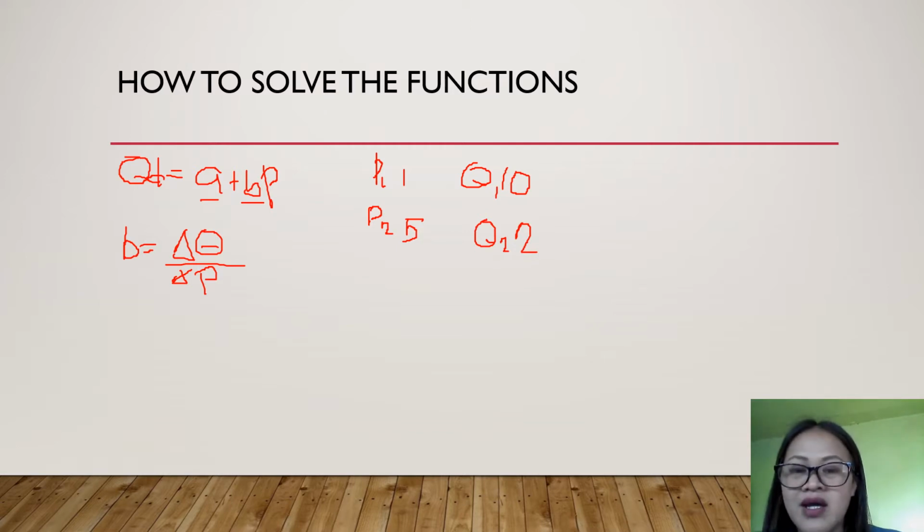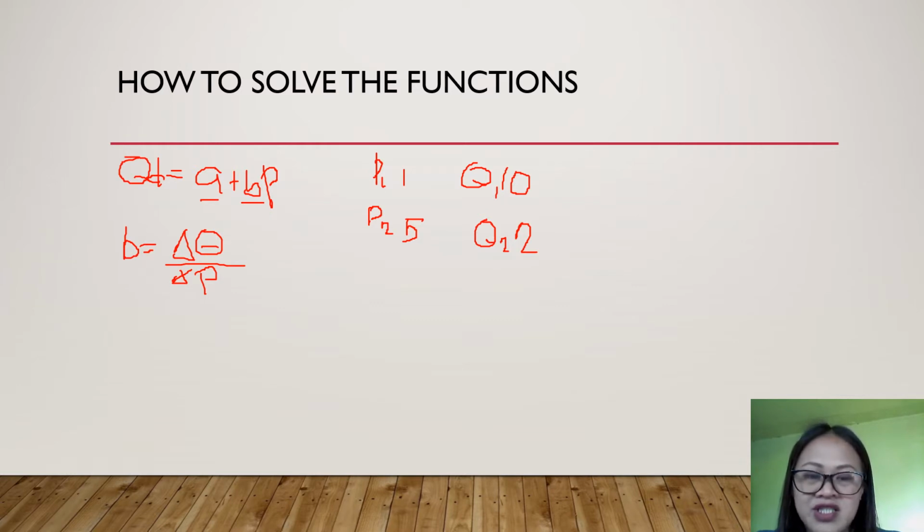Hindi kasi pwede na si price 1 ay maging 5, si price 2 ay maging 5, tapos itong quantity 1 na ito na dapat pares ng 1 inilagay nyo kay 5, at itong quantity 2 na pares ng price 5 ay inilagay nyo kay 1, ay hindi po pwede yon. Because on the given, they are already considered a pair. So kahit baliktarin nyo yung dalawa, kailangan pati yung pares niya baliktarin natin.